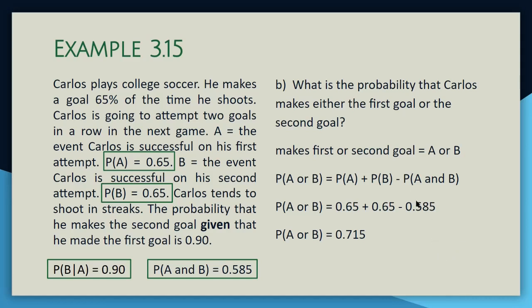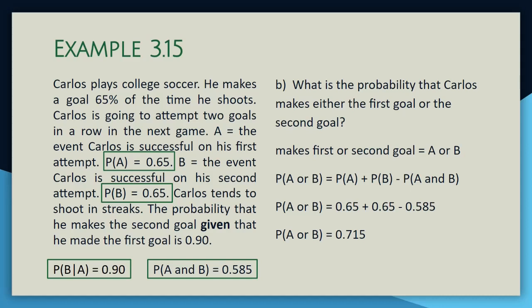Notice that if you forgot to subtract the overlap, 0.65 plus 0.65 is going to be bigger than 1. And we know that individual probabilities, or any probabilities, can't be bigger than 1. We don't expect that he's going to make A or B 130% of the time.